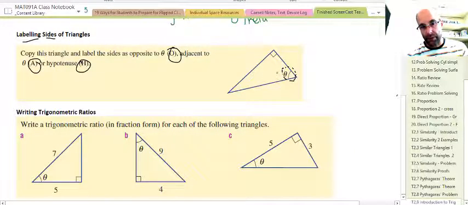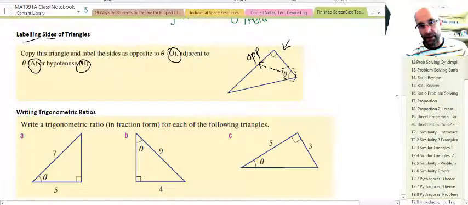So how do we get O? O is opposite. So perhaps if you consider this triangle here as some strange looking swimming pool and you're resting in the corner with your elbows on the side of the pool just looking out at the pool, you might think, I'm going to swim to the opposite side of the pool. And that would be over here. So you swim straight across, and that makes that the opposite compared to the angle. OPP for opposite.